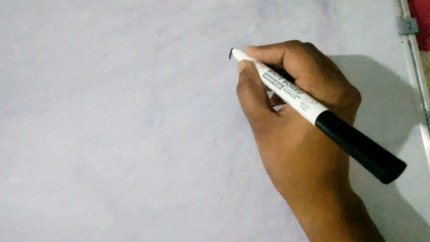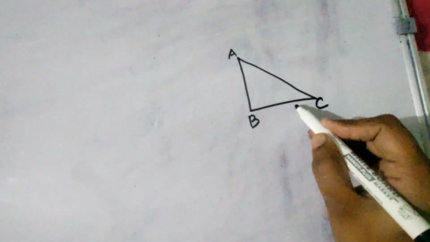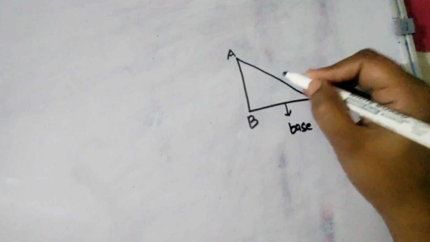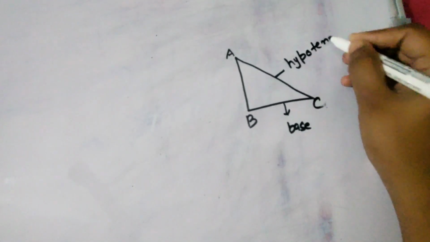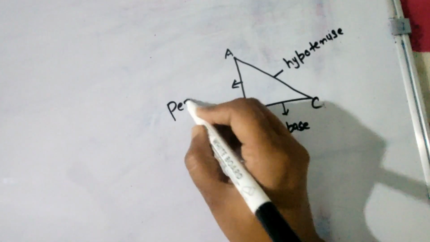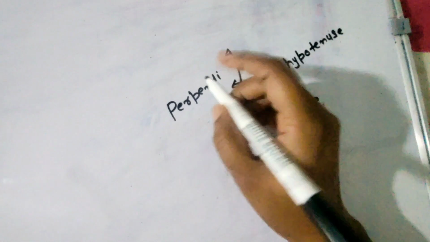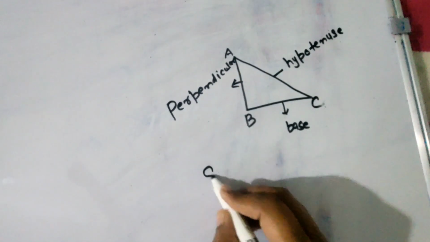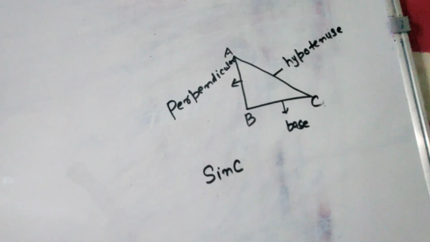This is right angle triangle ABC. This is the base, this is the hypotenuse, and this is the perpendicular. First type is sine. I find sine C first.